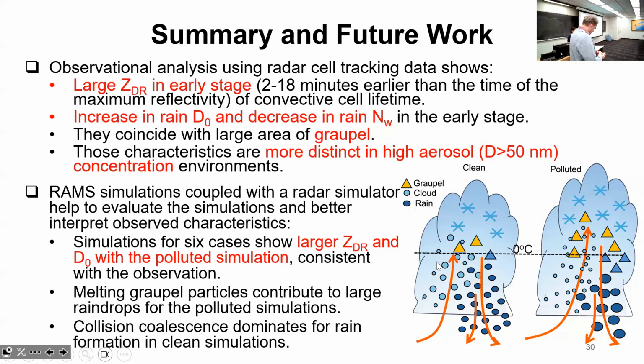First, for observation, we track one convective cell at a time, and the criteria are a little bit biased. For example, we focus more on tracking deep convective cells, so when tracking we try to choose deep convective cells rather than shallow ones.